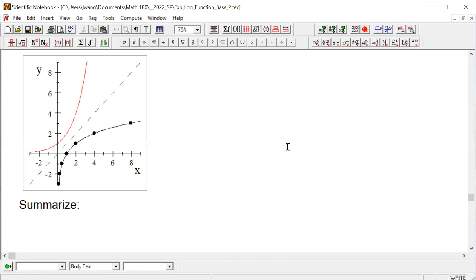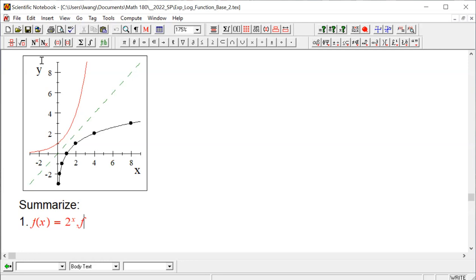Okay, summarize. What are the 3 points that we have? Number 1, f of x is 2 to the power x, to make sure that we have our assumption in the right place.